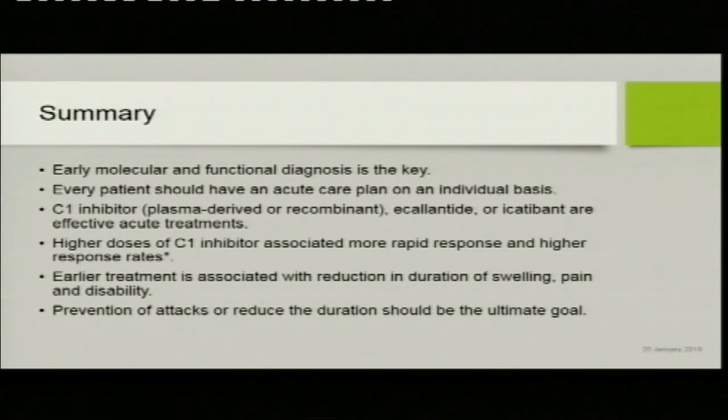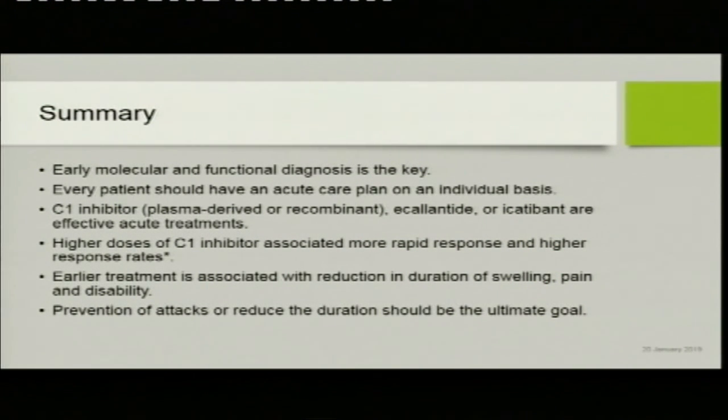So in summary, the early molecular and functional diagnosis is the key for the management. Early on, patients should have an acute care plan, and they should have their medication on demand because they have to give it, as we said, the earlier the better for the treatment. C1 esterase inhibitor, ecallantide, and icatibant are the effective treatments for acute attacks.